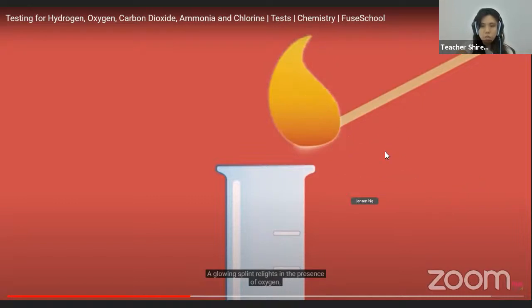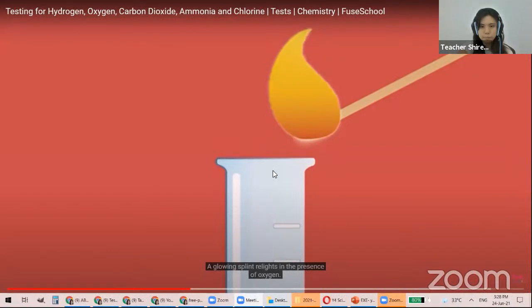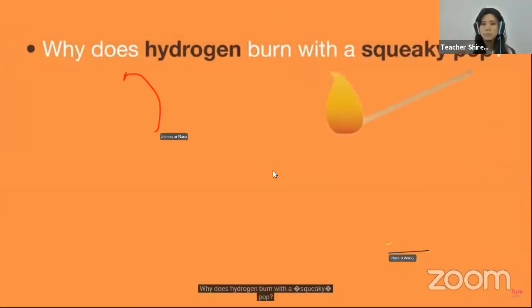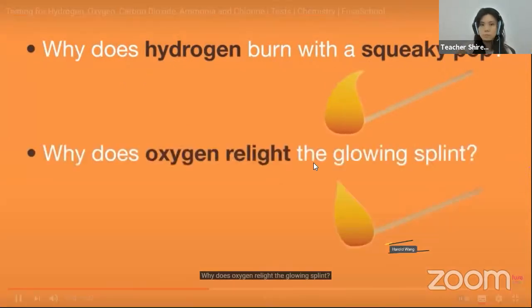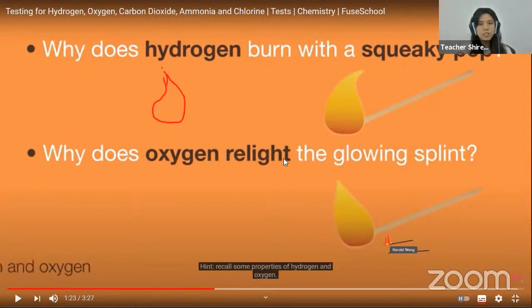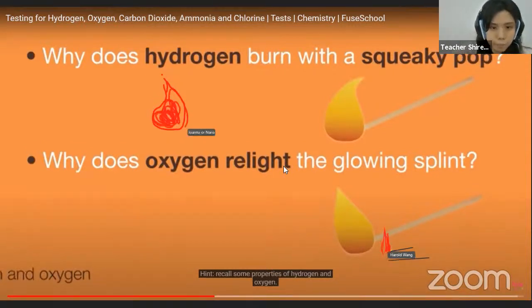So for hydrogen, you don't need the whole fire. You just need a glowing splint put onto it, and you create a pop sound. Why does hydrogen burn with a squeaky pop? Why does oxygen relight the glowing splint? Hint: just now we asked you to type in the chat that hydrogen creates a pop sound.